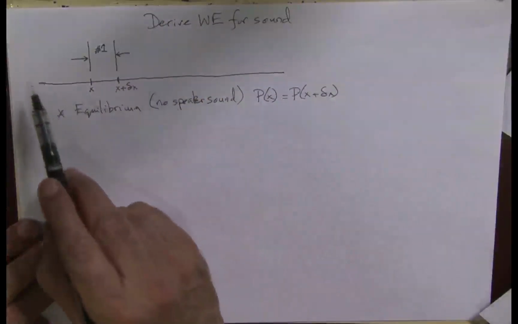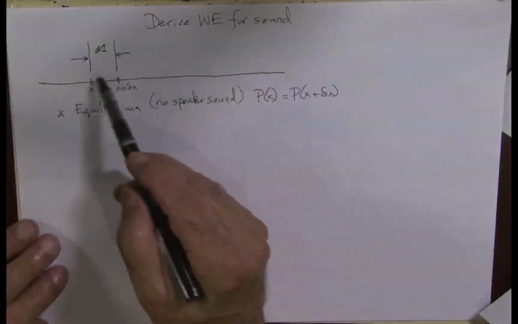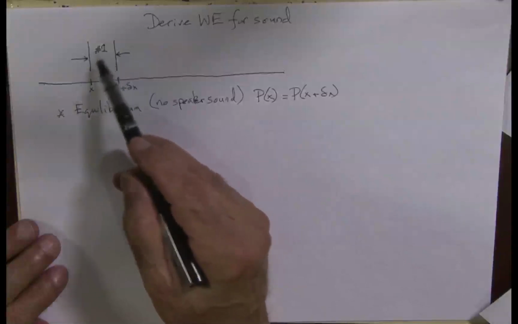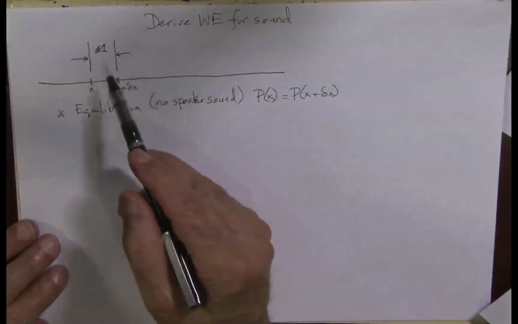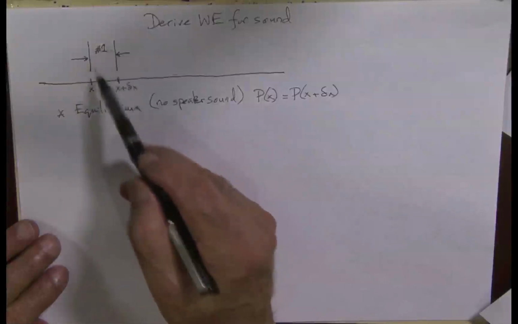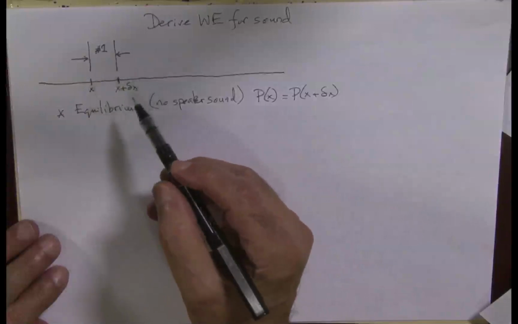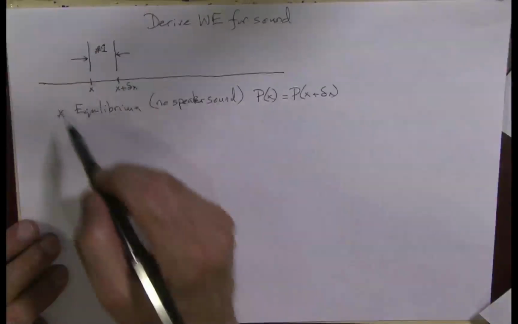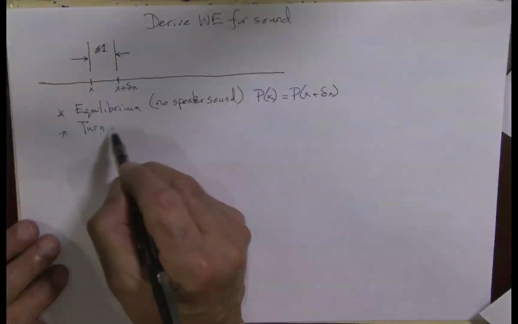And so if there was no sound, well, nothing would happen. The molecules would be moving around randomly over here, but on the average, there'd be no average motion of these atoms or molecules. But now suppose we turn the speaker on.